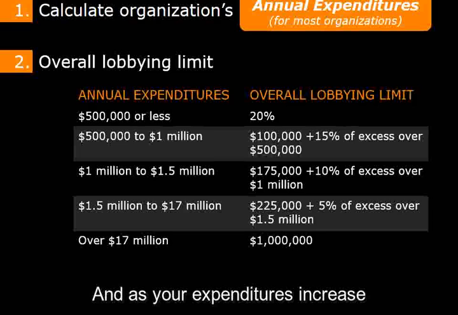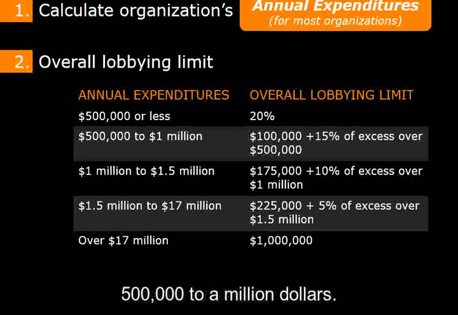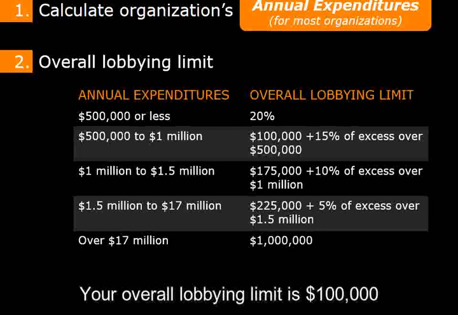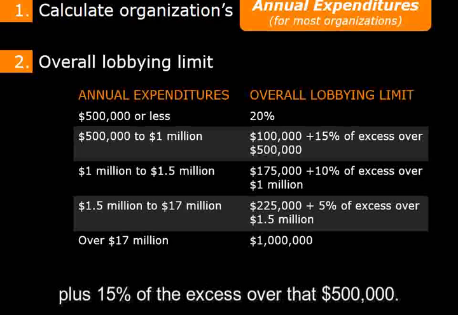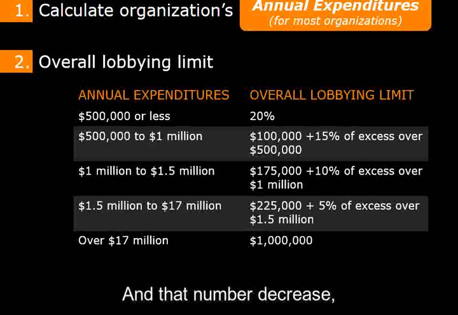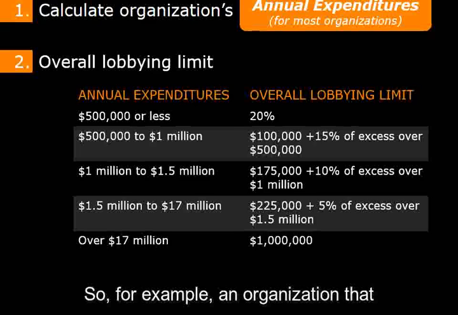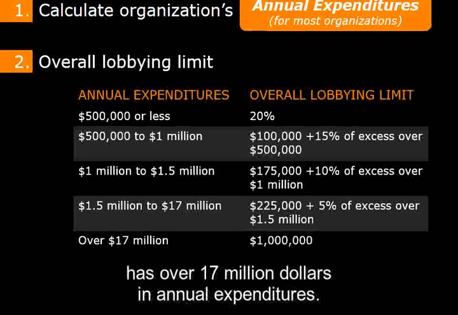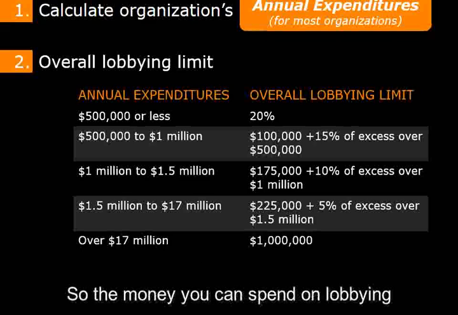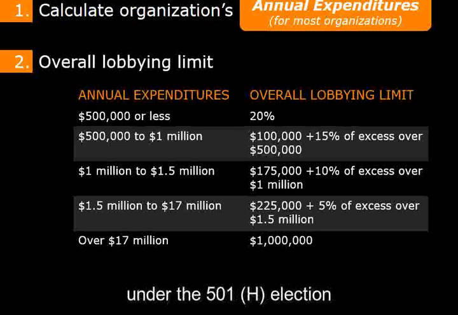As your expenditures increase to between $500,000 and $1 million, your overall lobbying limit is $100,000 plus 15% of the excess over $500,000. That limit decreases as a percentage as your annual expenditures increase. For example, an organization that has over $17 million in annual expenditures is capped at $1 million. So the most you can spend on lobbying under the 501(h) election is $1 million.